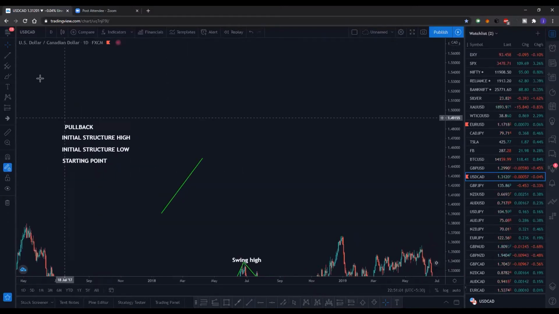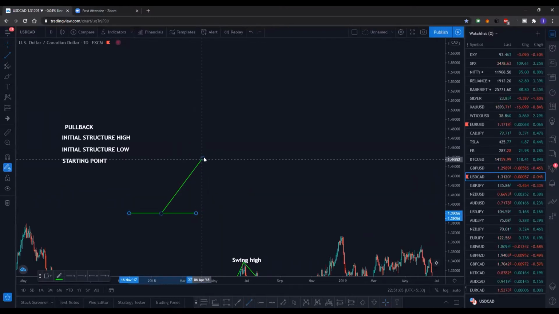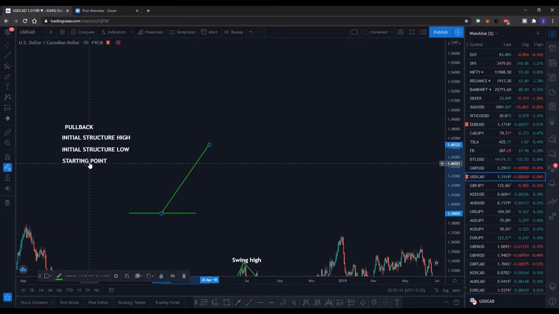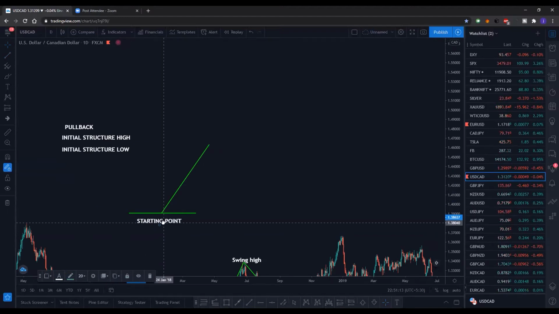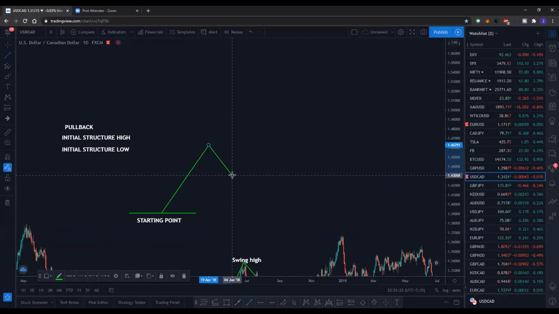So let's say that the trend started from here. This becomes our starting point. And when the trend does a relief after this huge move, there are different names for this: one is retracement, one is pullback, one is outside return.